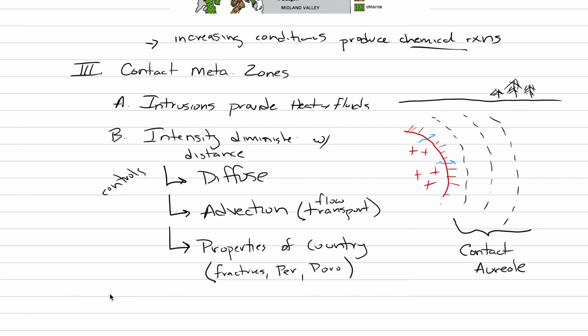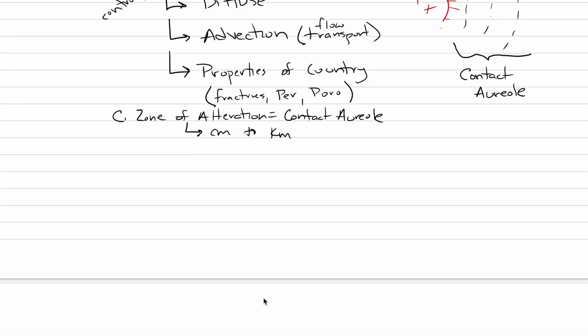And what we're going to do here is have C be our zone of alteration, which we've drawn in, and this zone of alteration is called the contact aureole. It can be all sorts of different sizes. In really small environments, it can be only centimeters across. In big intrusions with high permeability and good advection, you can have that zone of alteration be centimeters to kilometers across.